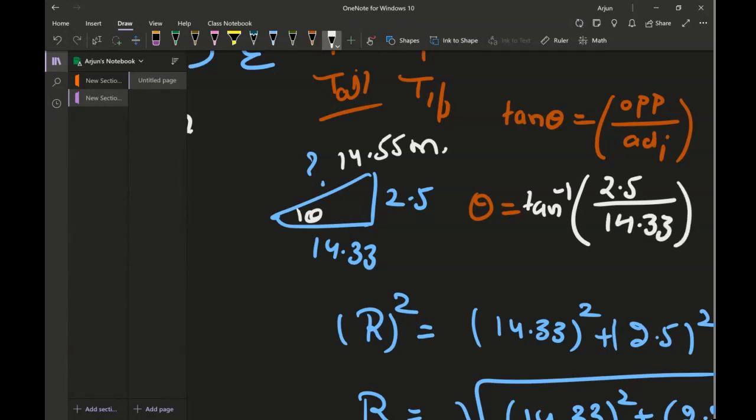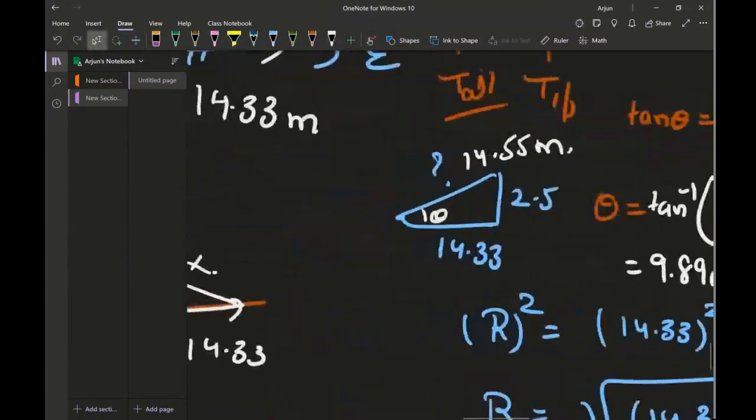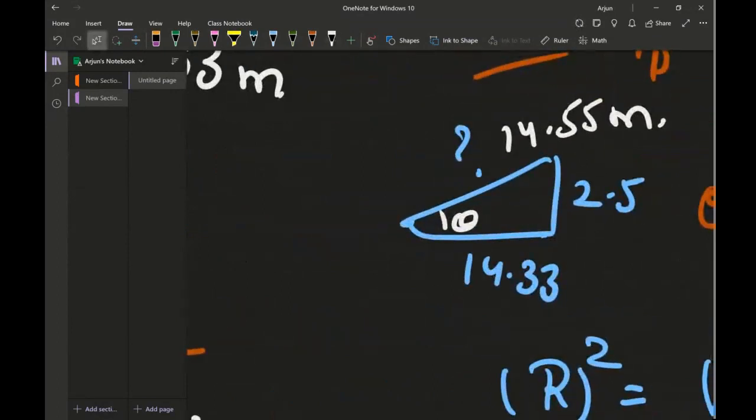And if I do the math on my calculator, 2.5 divided by 14.33, which is 9.896 degrees, which I can round up to approximately 10 degrees. I can call it 10 degrees. Okay, so the theta value down here comes out to be 10 degrees.